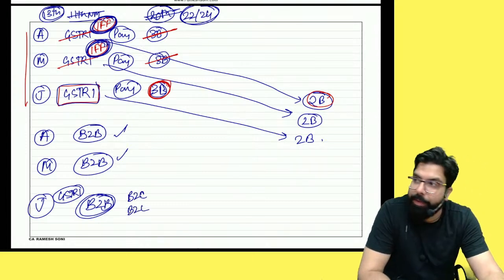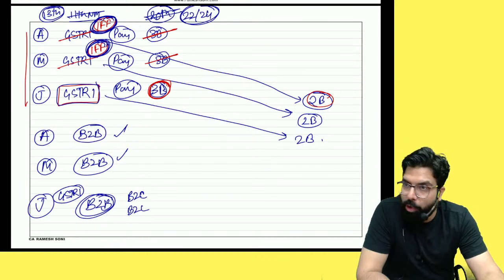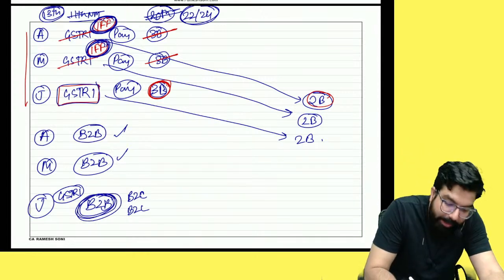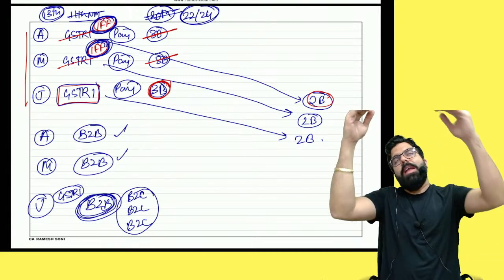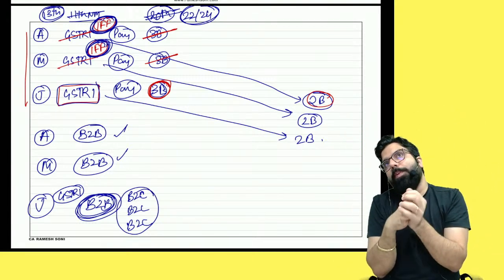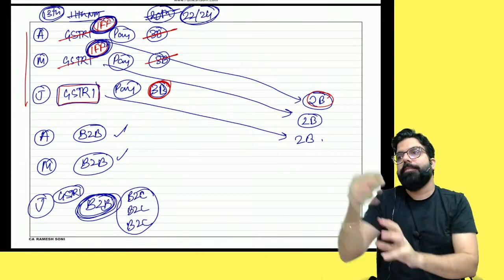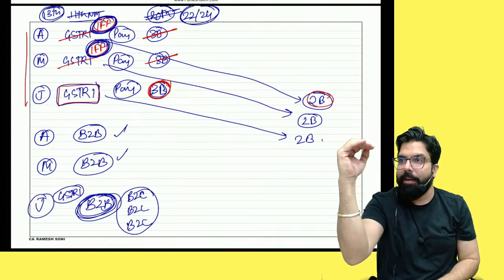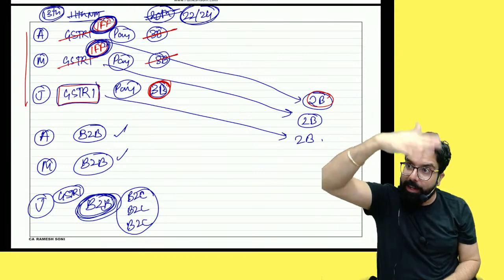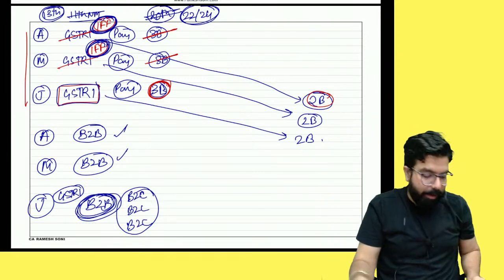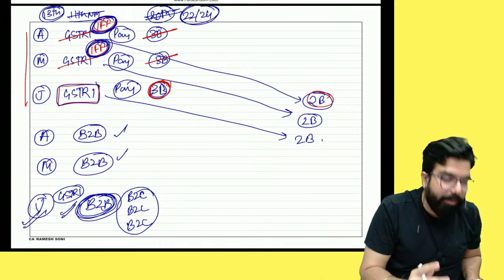B2C means what I have sold to unregistered persons, and June's B2C sales. So in the invoice furnishing facility, will I show B2B invoices or B2C invoices? B2B. Second again B2B. Last one also B2B, and all the remaining invoices which I have not shown, I'll show in the GSTR 1 of the full quarter.